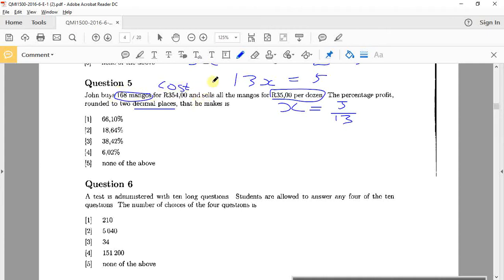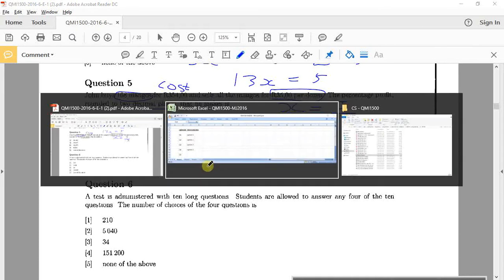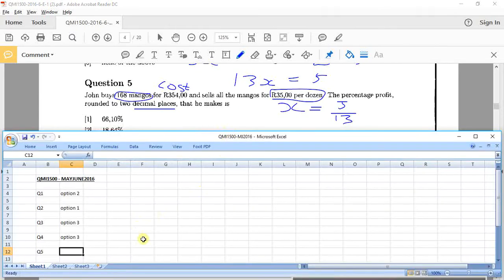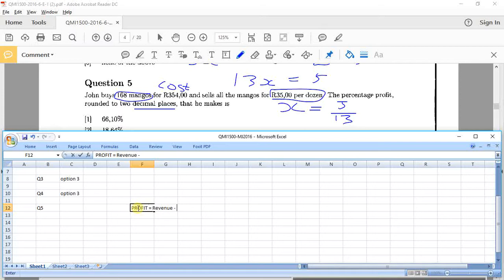We need to work out his revenue. Let me type this out. Profit equals revenue minus cost. So his profit is going to be his revenue. His revenue is 35 Rand a dozen. How many dozens is he selling?